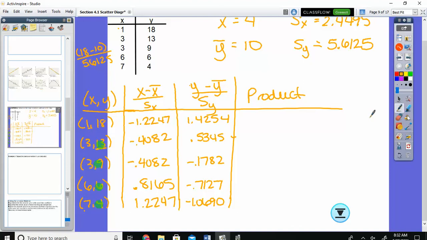And then what do we have to do for this final column? Multiply. So you're just taking these two things and multiplying them together, the one we got in our x's and the one we got in our y's.